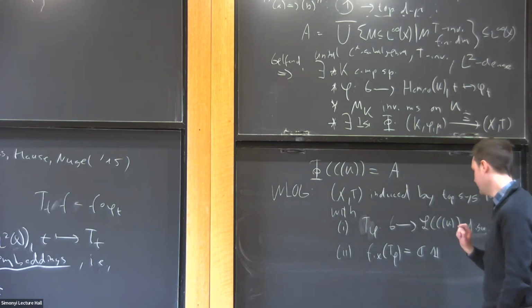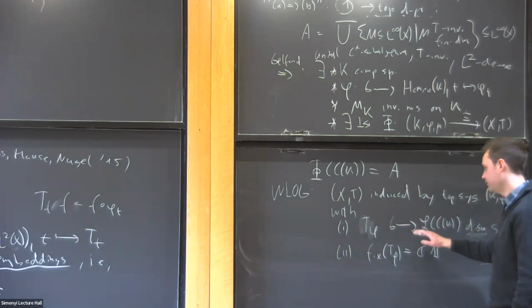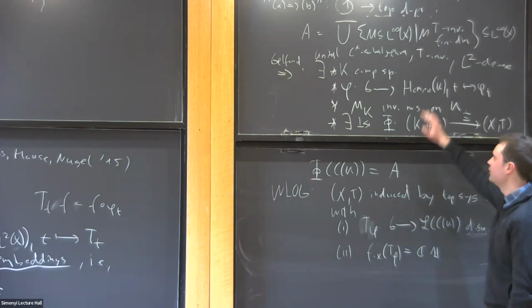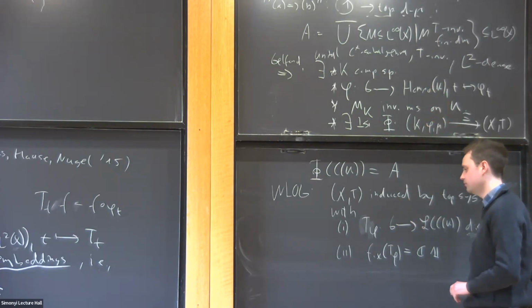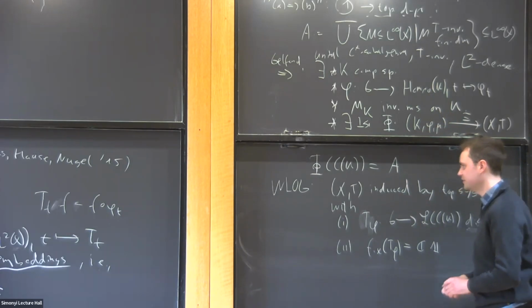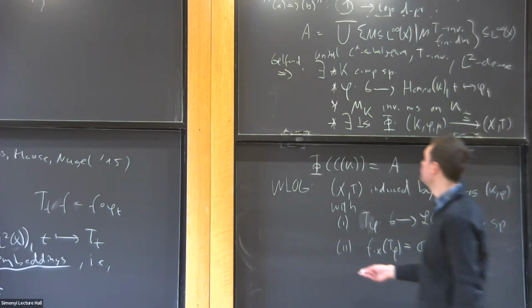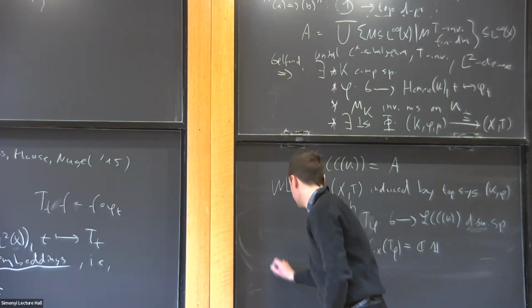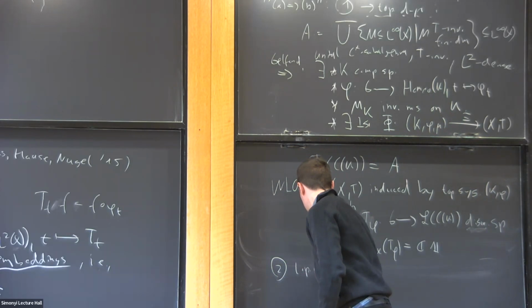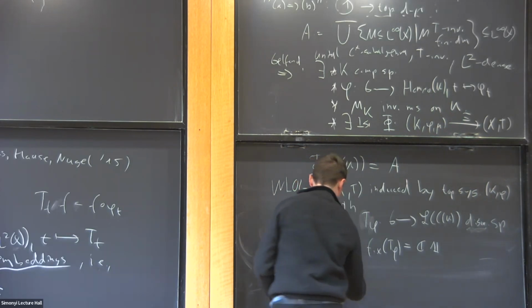So okay, proceeding with the topological case here. So this was the first step to transition from ergodic theory to topological dynamics, and the second step is now to use a topological representation theorem, or to prove a topological representation theorem.